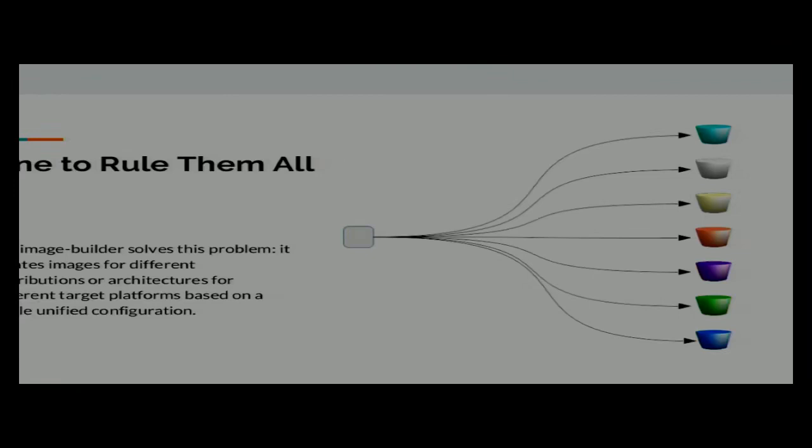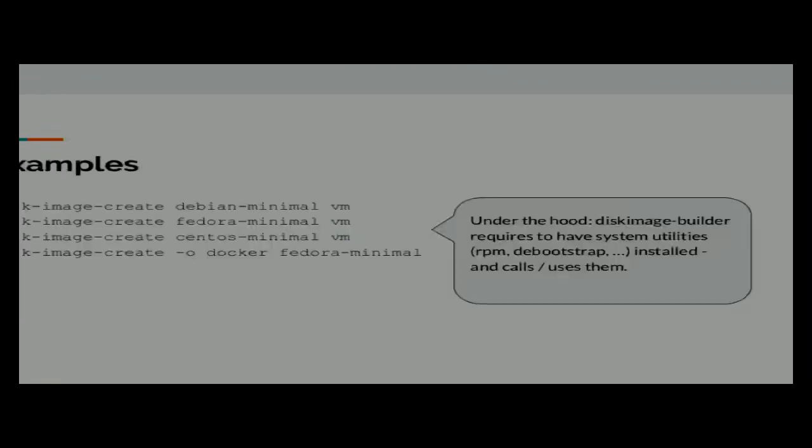Here are some examples so that you can get a feeling for this. You can, for example, install a Debian minimal system, or Fedora minimal, CentOS minimal, and so on. And you can create not only virtual machines, but also Docker images from it.